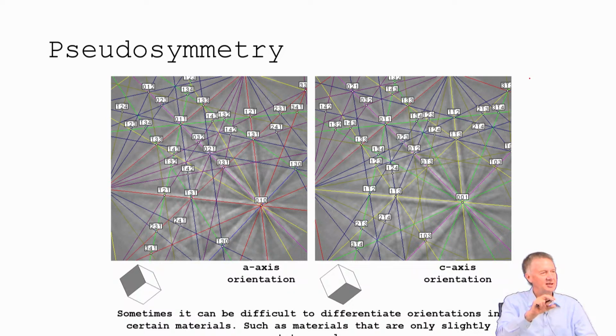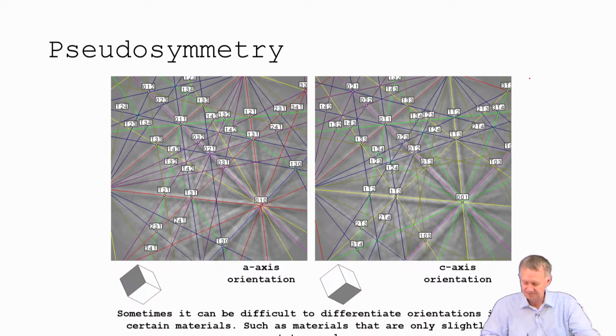So it's not exactly in the BCC position, it's not in the center of the cube, it's shifted off a little bit. So then you have a C-axis and an A-axis based on the shift of that center atom. But the magnetic properties are very different in the A-axis and the C-axis, right? So your properties are different, your diffraction patterns are almost the same.